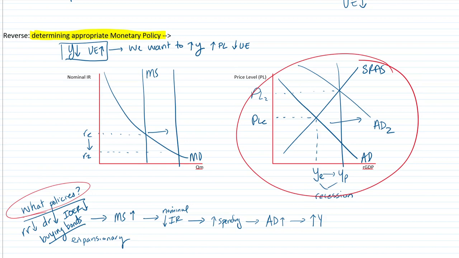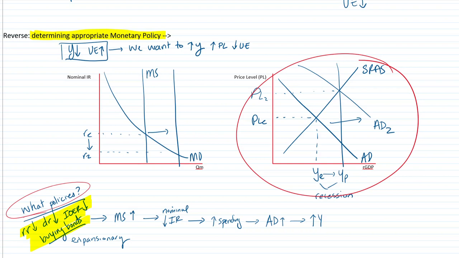If we needed to contract the economy, of course, we would reverse all of our monetary policies. If I needed lower price level and wanted to reduce output for any reason, then I would have to decrease aggregate demand, decrease spending, increase interest rates, decrease the money supply, and therefore reverse all of these policies back the other direction.